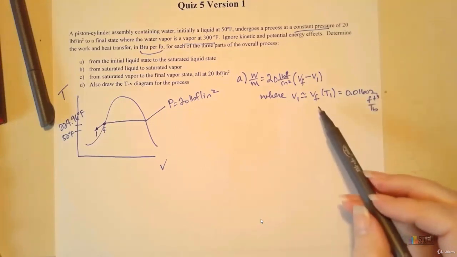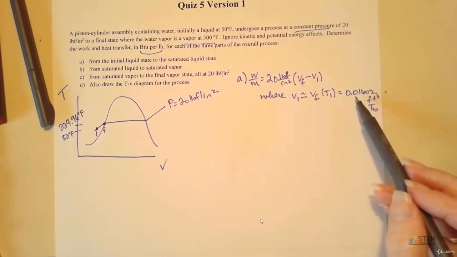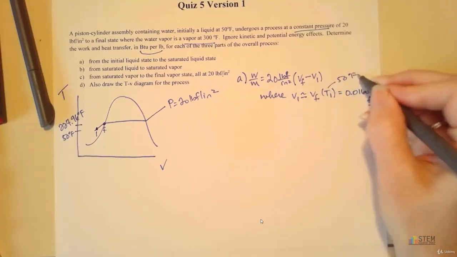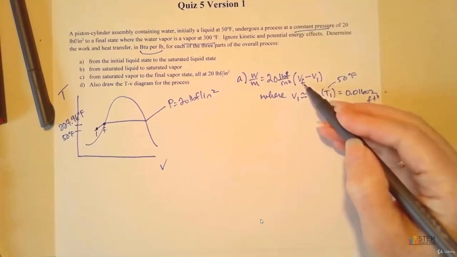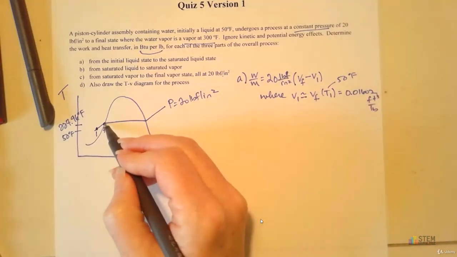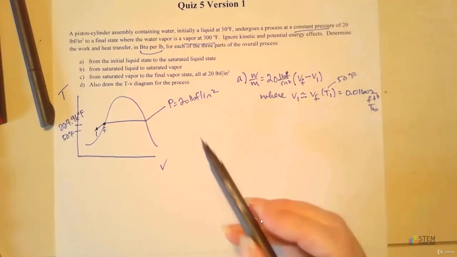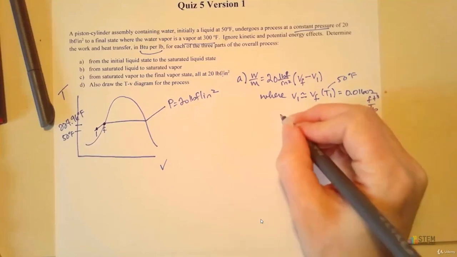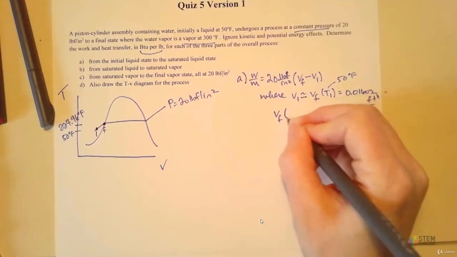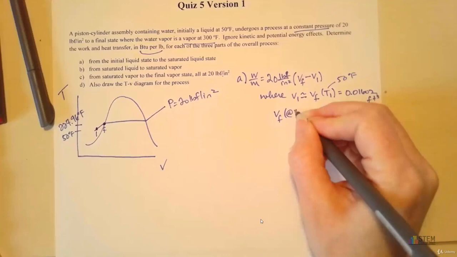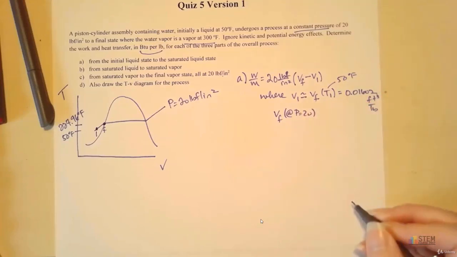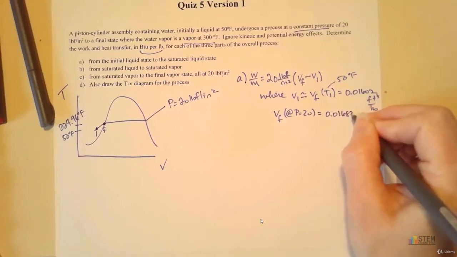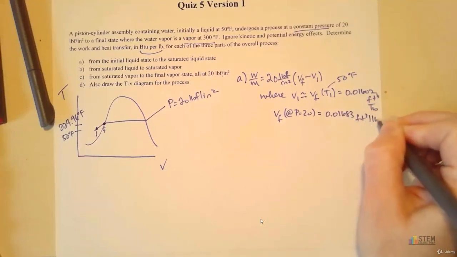And notice T1 here was 50 degrees. Now for vf, that one is going to be this point right here. So now we've gone up to that saturation temperature. You can just use your pressure table for the saturated liquid and pull out that vf number. And this will be for a pressure of 20. That's going to give you 0.01683 cubic feet per pound.